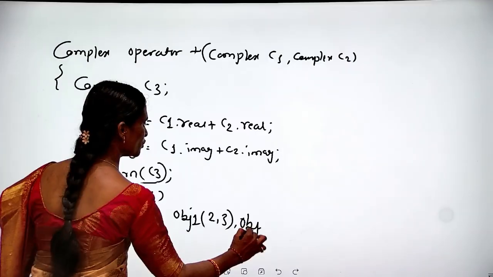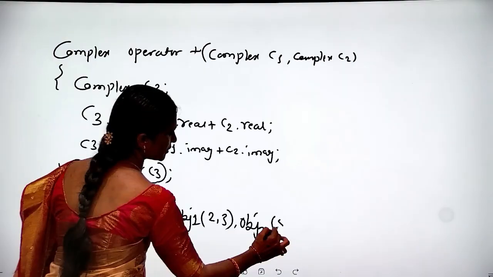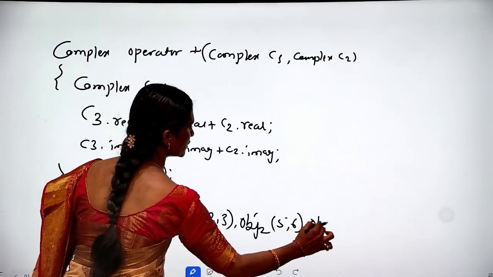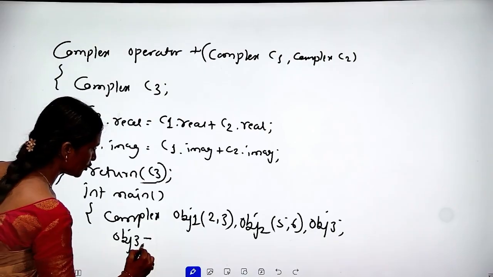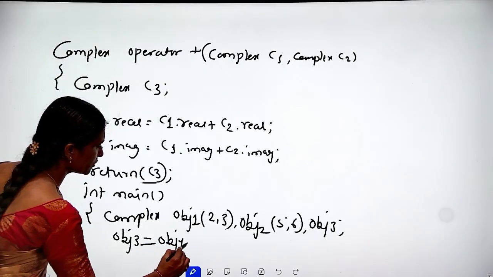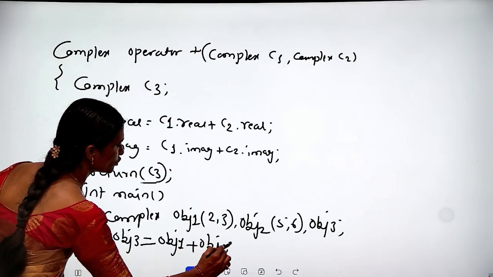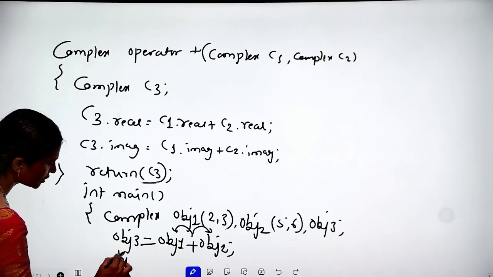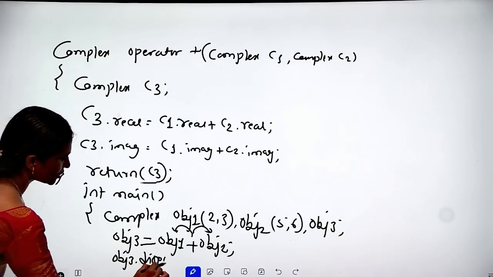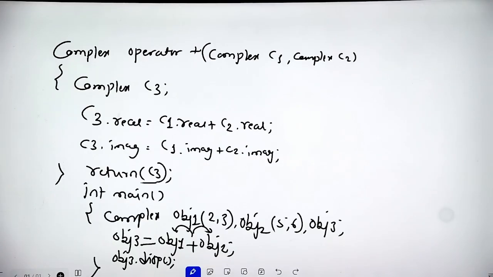Second, I will create object 2 using the parameterized constructor with 5 comma 6, and then object 3. How to call that now? How to overload? Object 3 is equal to object 1 plus object 2. So you have overloaded the plus on the objects. Then you can display object 3 using the display method. So this is the program to overload the binary operator using the friend function.